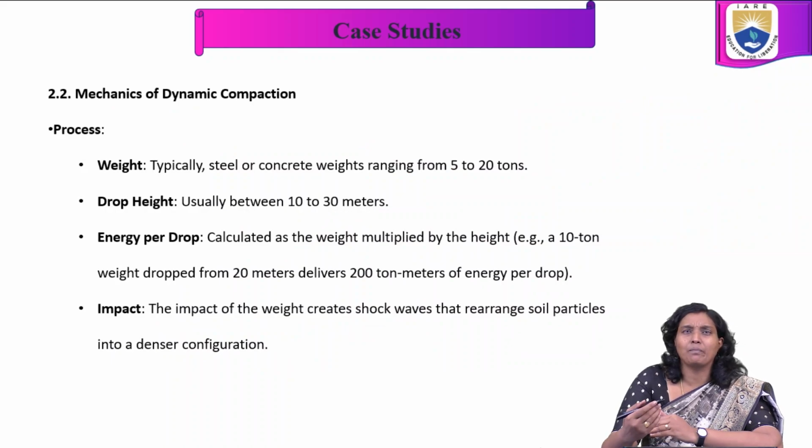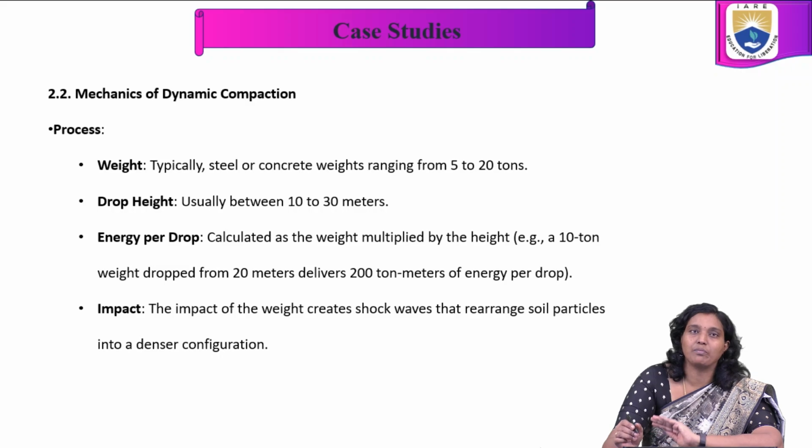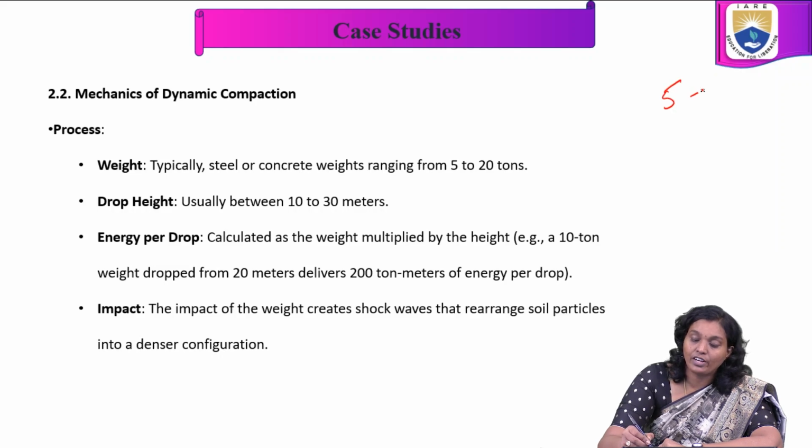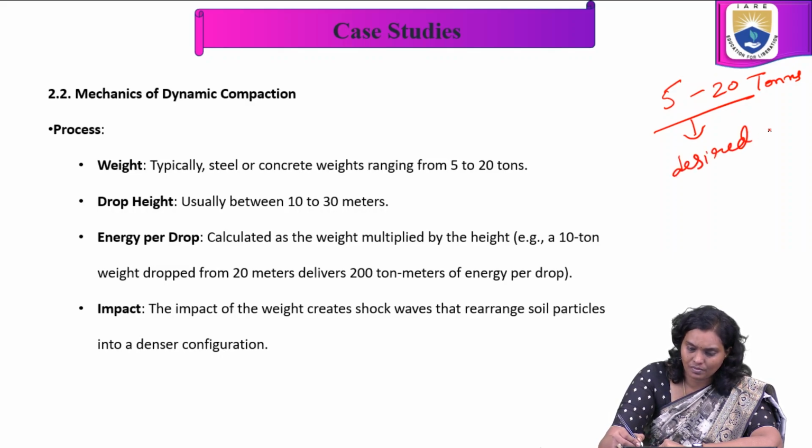What are the mechanics of dynamic compaction? What is the process involved? A weight, typically steel or concrete, ranging from 5 to 20 tons. The range depends upon the desired property of the soil.